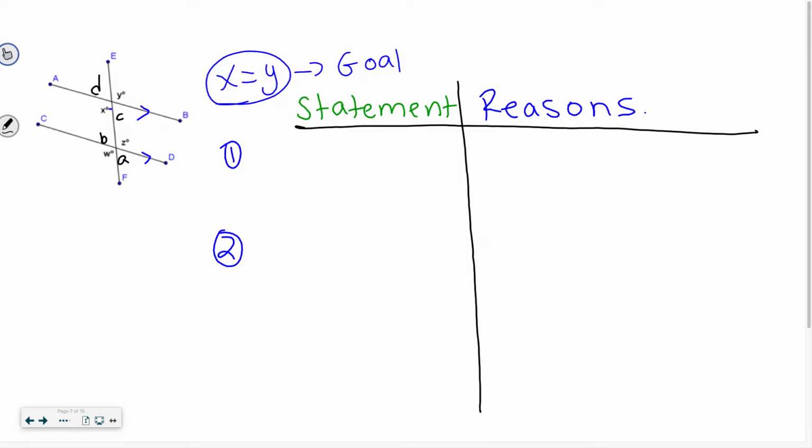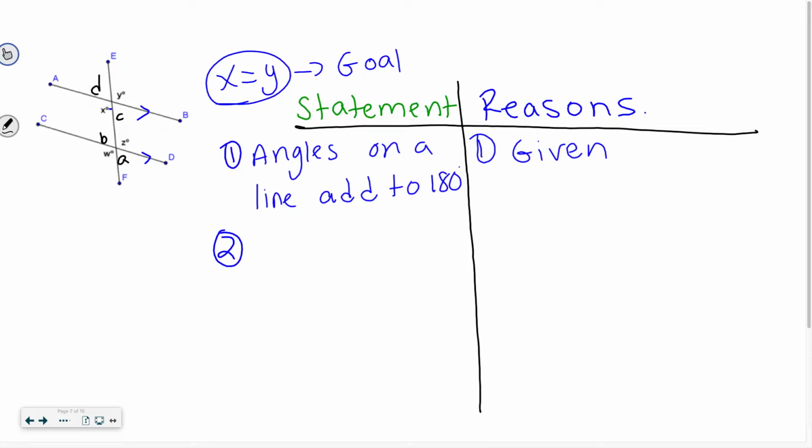How do we show that x and y are equal given the only thing that I know is that angles on a line form a 180-degree angle? You're going to always make a t-chart just like I have here. On one side, you're going to write the statements. On the other side, you're going to have the reasons.